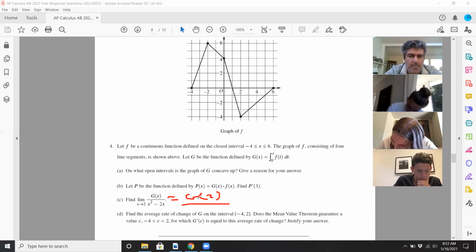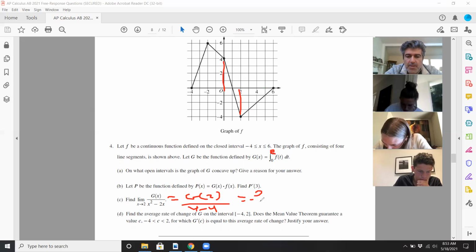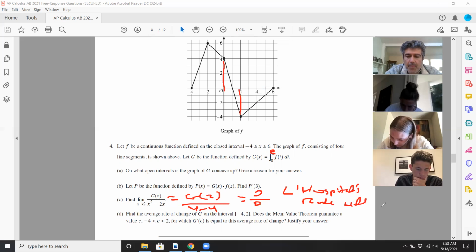So here, I'm guessing they'll give you a point for testing 2. And G of 2, remember, G of 2 is the integral from 0 to 2, which of course cancels out. So because it's indeterminate, L'Hopital's rule will apply. This is the way they sneak in L'Hopital's rule. Okay, that's the way it's snuck in.